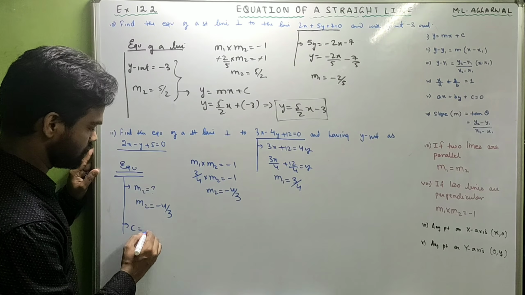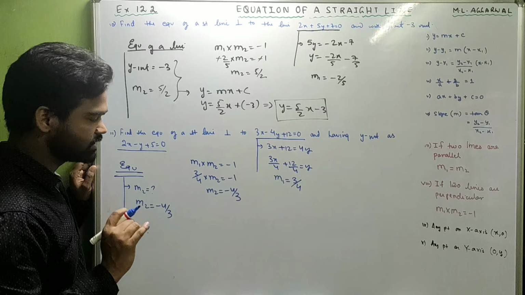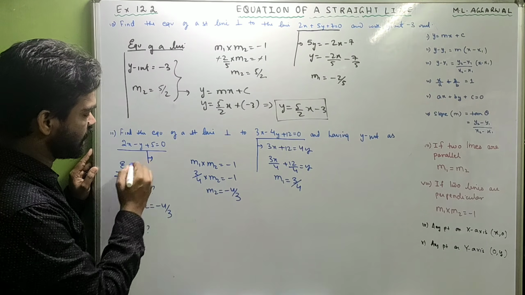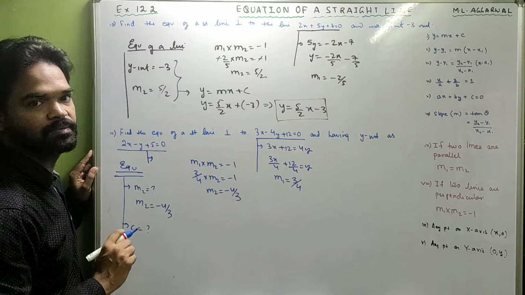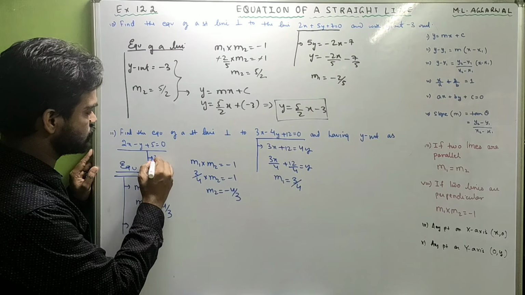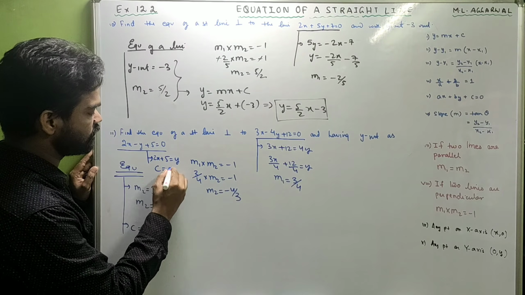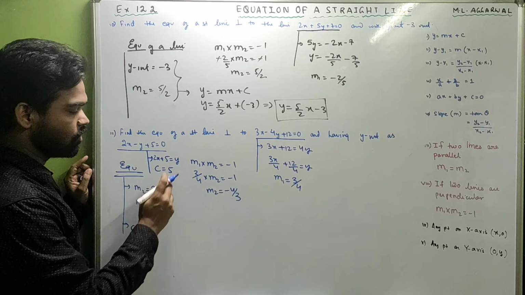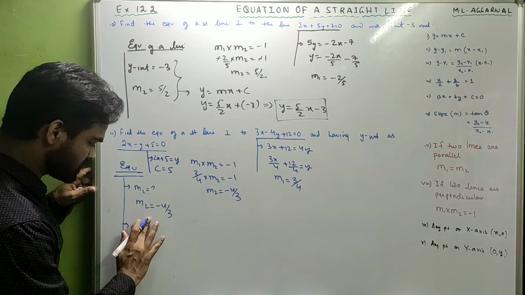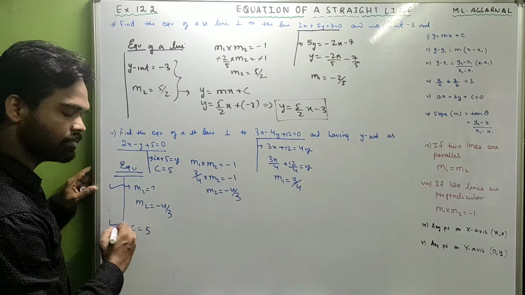Now one more thing, the y-intercept, which is c. The y-intercept of this line and our required line is c. First find the y-intercept of this line. Can we write this as 2x + 5 = y, which means the y-intercept is 5. Look carefully: y = mx + c, where c is the y-intercept, which means in this case also the y-intercept will be the same according to the problem.